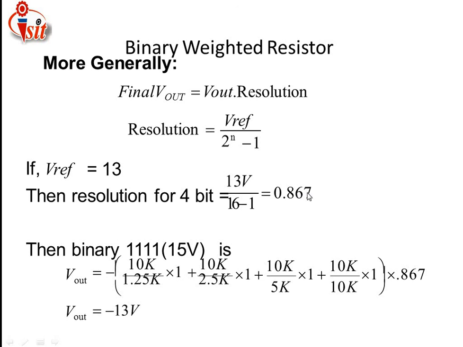Here we are considering the resolution factor, and what is that resolution factor? It is 0.867. Whatever calculated value comes out, it is nothing but V out equal to minus 13 volt. That means these two values are similar. More generally, whenever we consider the bit pattern 1111, the output voltage is minus 13 volt, and whenever we consider the bit pattern 1101, the output voltage is also minus 13 volt.